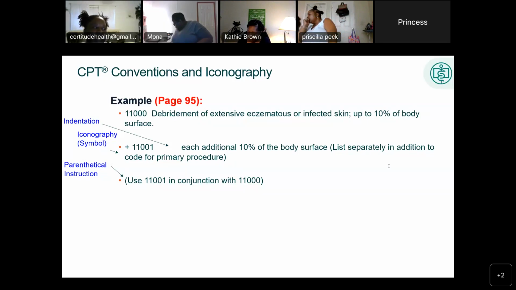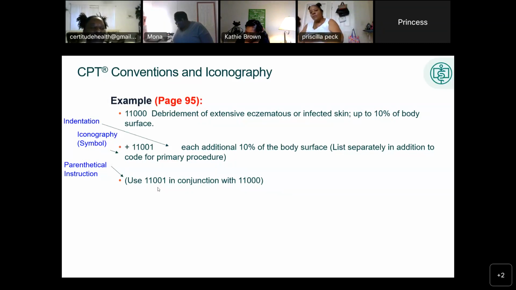Correct. And another reason that you know that, y'all are asking perfect questions for great segues, is because the second code has a plus sign in front of it. And that plus sign means that you always have to use it in conjunction with 11000.